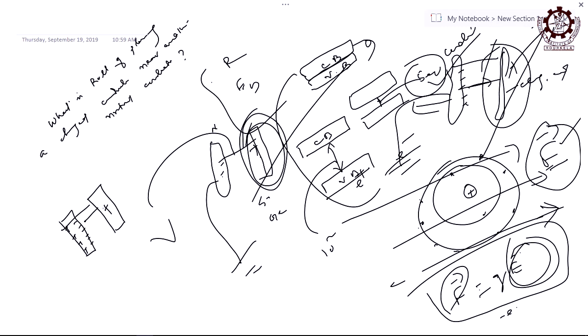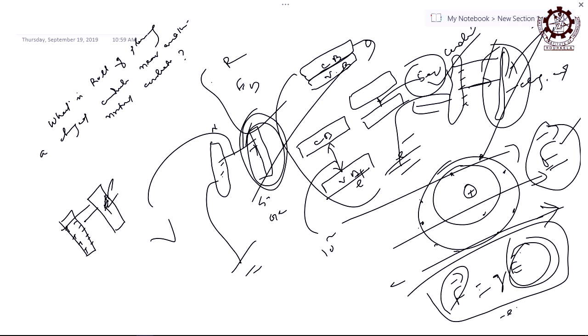Then it depends on what? Suppose I add more charges to this, what will happen? Field strength will increase, force will increase, potential will increase. I am talking about the potential of the whole system. The potential of the system will depend on the charge added to this charged body.